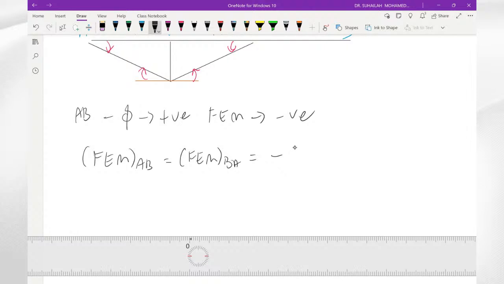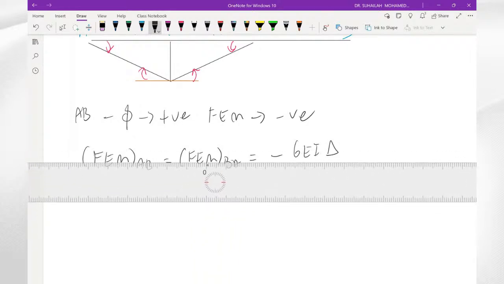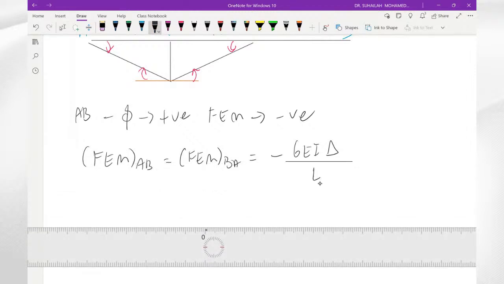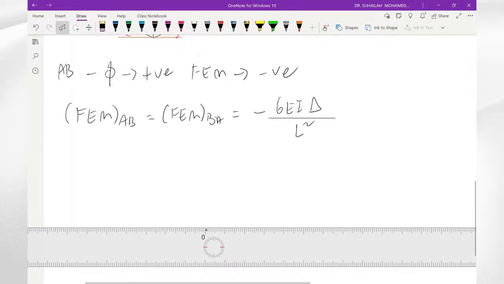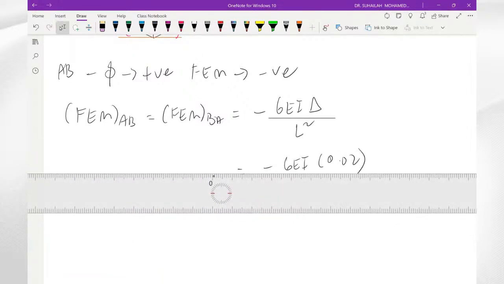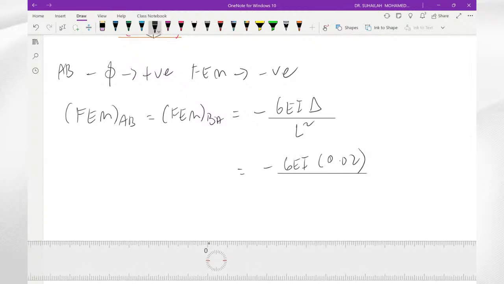The formula is 6EI for far end fixed, delta over L squared. So we substitute this, we get negative 6EI, delta is 0.02, divided by length squared, length is 4, so 16.